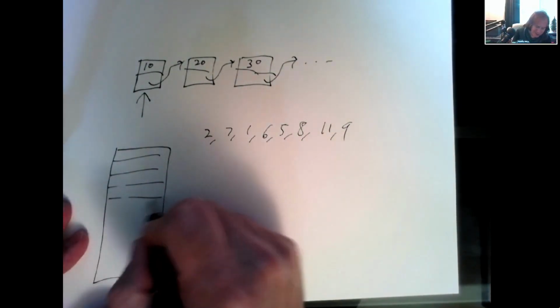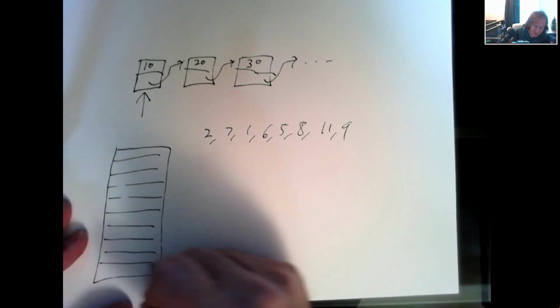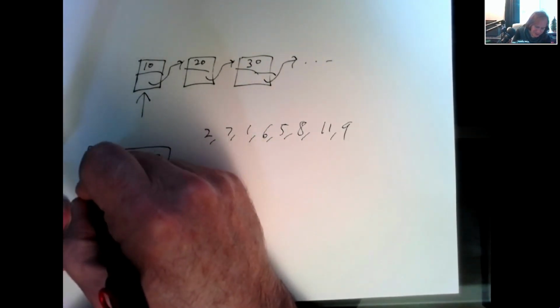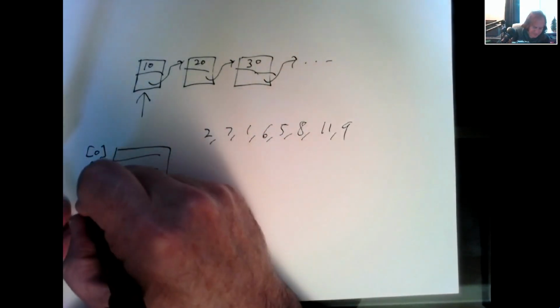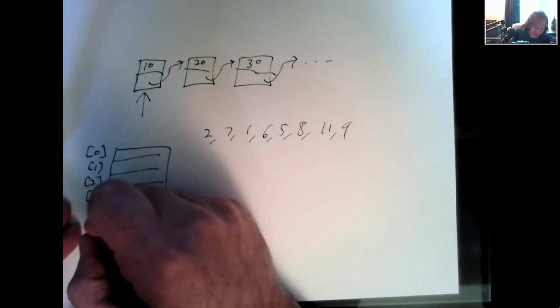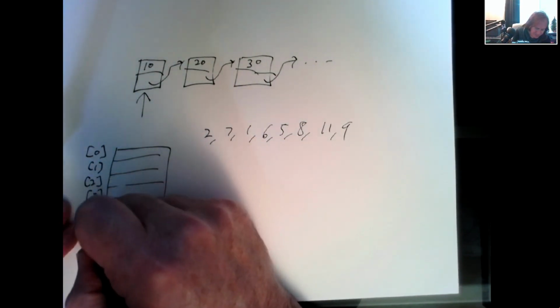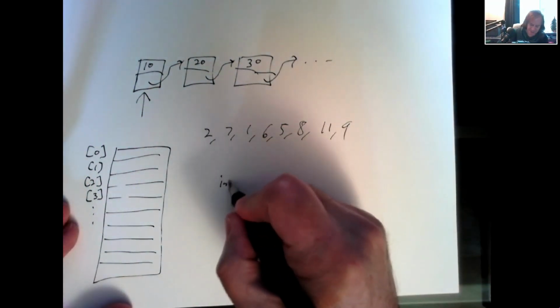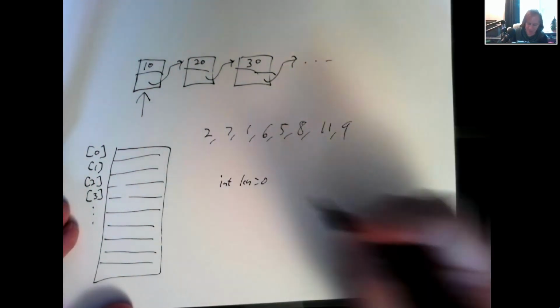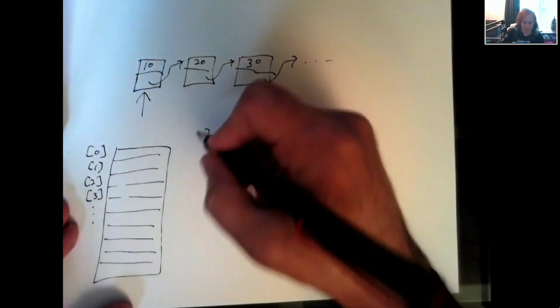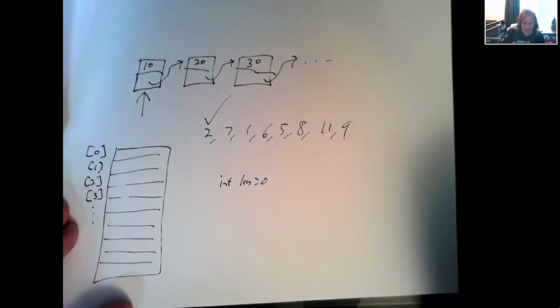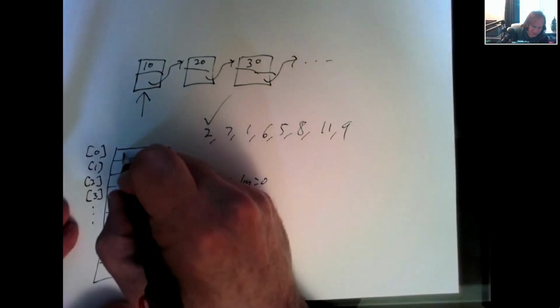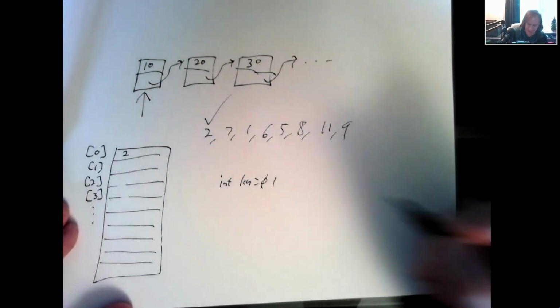And our array has all these different locations where we can store information, and there's an index, integer starting from 0, that we can use to reference each of these cells. And so I could have some integer length, initialize it to 0, and every time I get a new number, I'm going to store it at the index given by length, and I'm going to increment length.